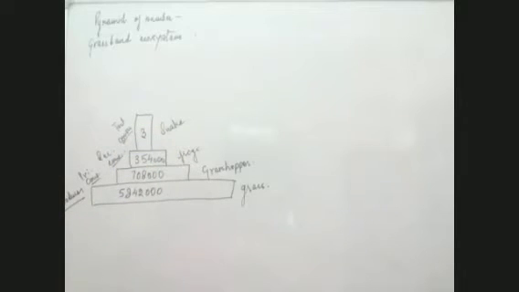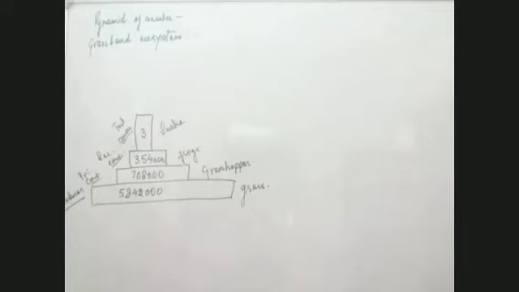As we see here, the number decreases as we go from the producers towards the top consumers, the tertiary consumers. The producers, grass, are about 58 lakh units. Then at the next trophic level, the grasshoppers, it is much less.